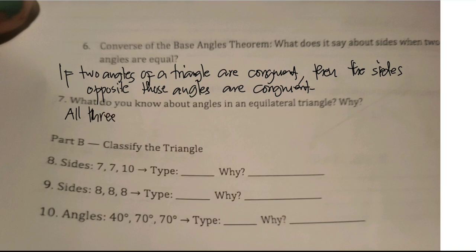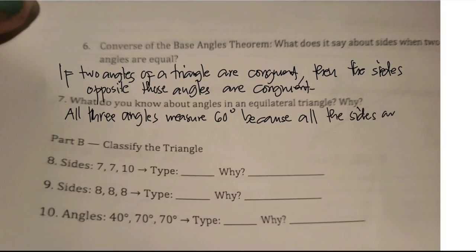What do you know about angles in an equilateral triangle and why? So you can say all three angles measure 60 degrees because all the sides are equal, and equal sides mean equal angles.